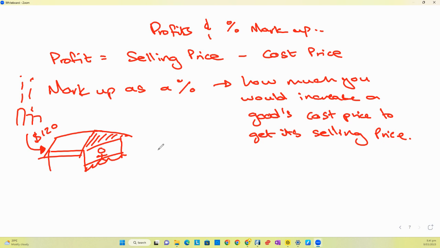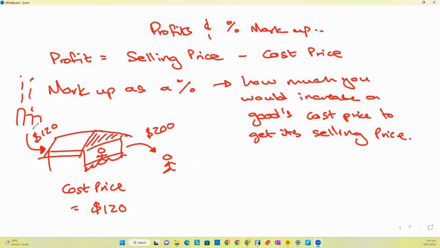Okay, so that's the price of the goods coming to you. So your cost price of the goods will be equal to $120. Then you've got a customer over here, and you sell it to the customer for $200.